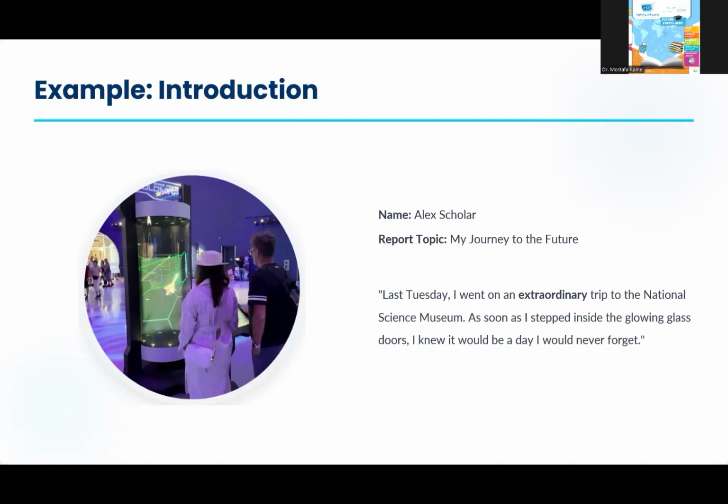As soon as I stepped inside the glowing glass doors, I knew it would be a day I would never forget. Look at the extraordinary. It's an adjective, a vivid one, to show that the trip was really nice and amazing.